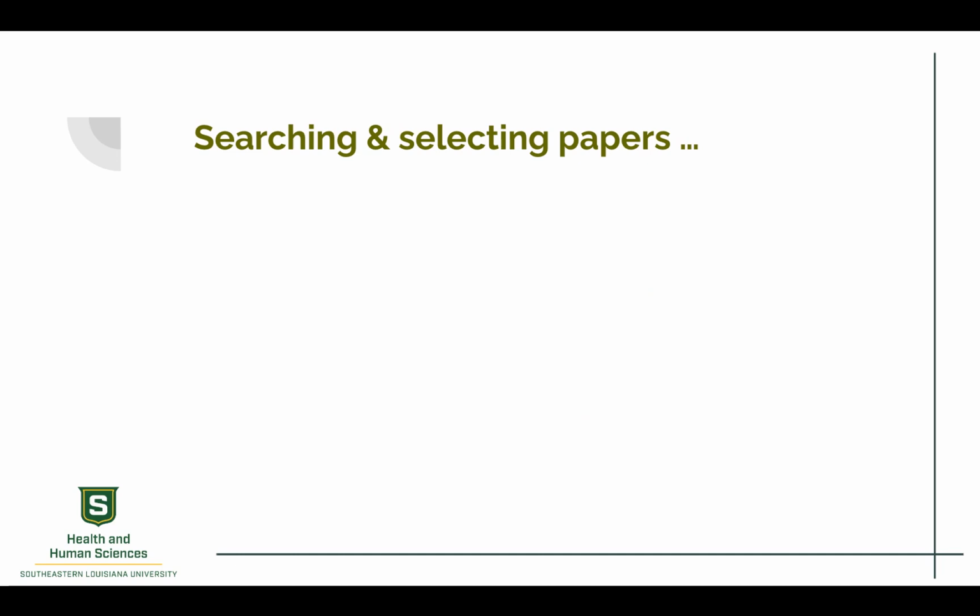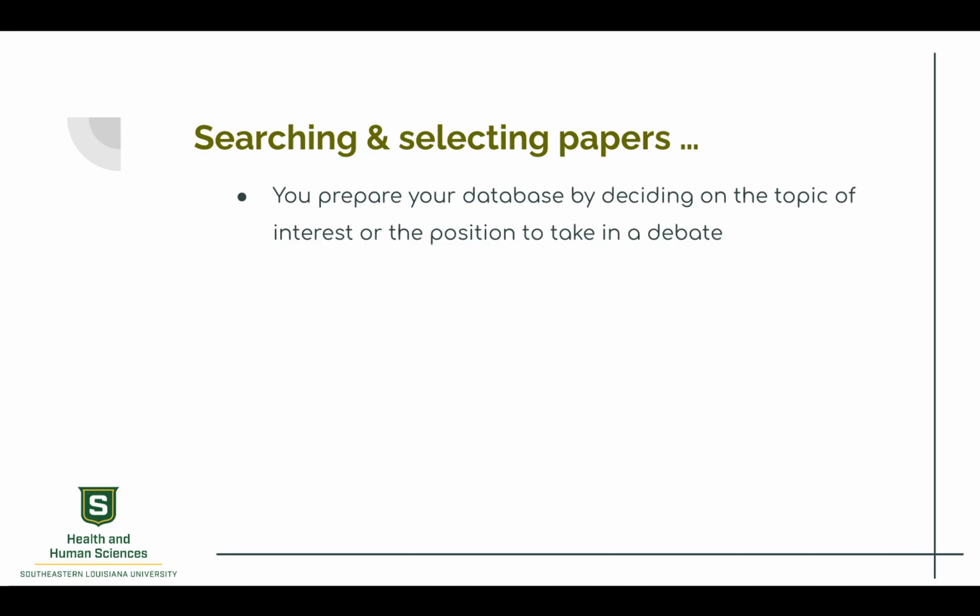So, when it comes to searching and selecting papers, you need to prepare your database by deciding the topic or position you want to take. Say it's in a debate. Your topic helps you in coming up with a research question, right? Sometimes, if the topic has been provided, you can work off that topic. If a topic has not been provided, you can come up with your own topic, and by doing so, you then come up with your research question.